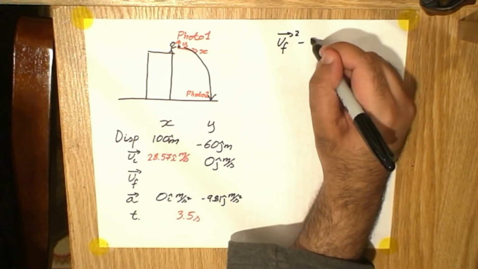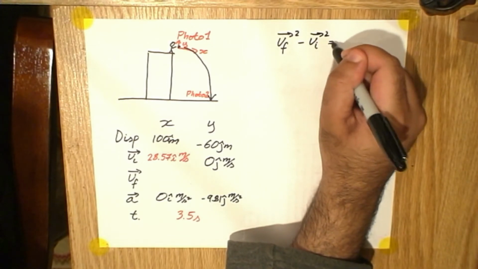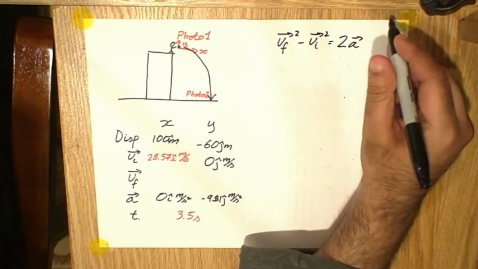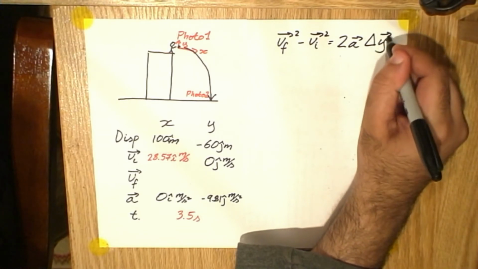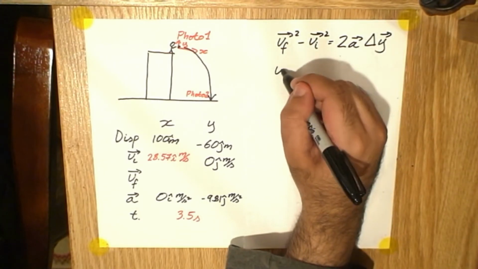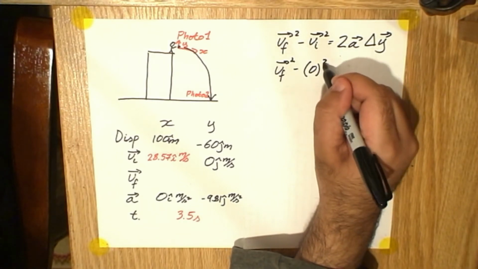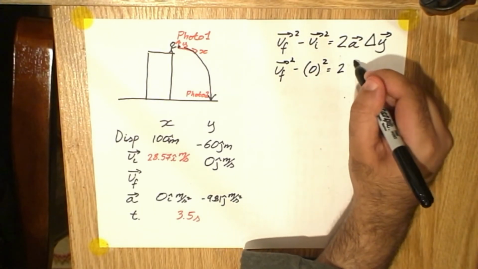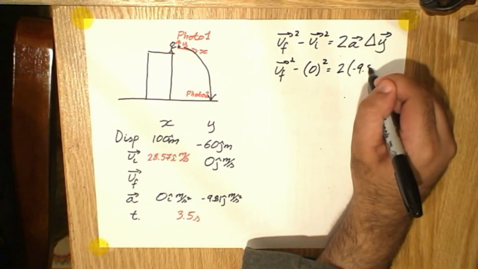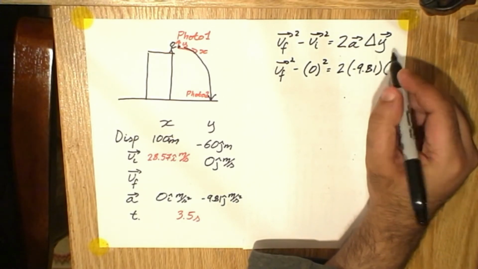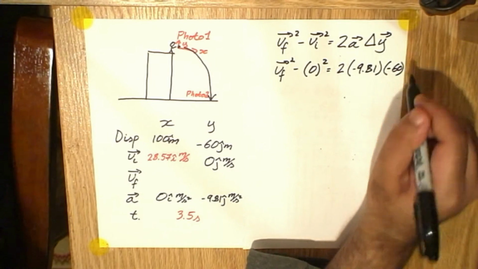V final squared minus v initial squared equals 2 times acceleration times delta y. So v final squared is unknown, but v initial squared is 0 squared, is equal to 2 times an acceleration of negative 9.81 times a displacement of negative 60.